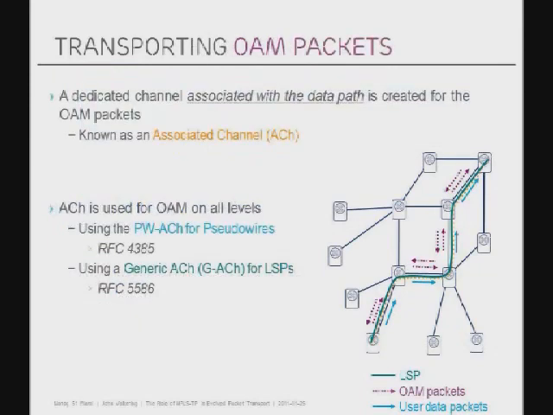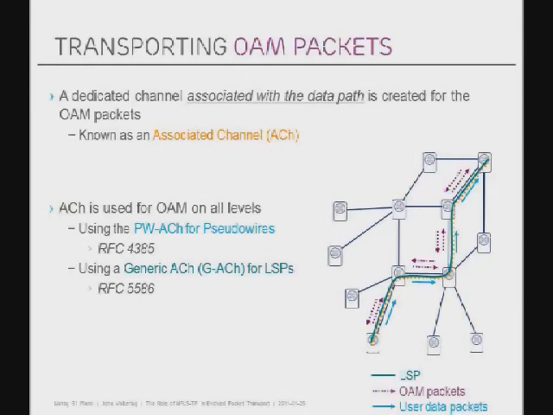How is that done? That's done by associating the data path with the OAM packets. And that's known as the associated channel. So inside the LSP, a channel is created that can carry additional information like the OAM traffic. And that's called the associated channel.